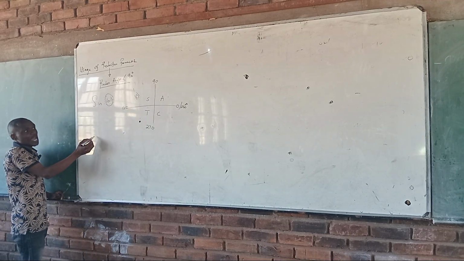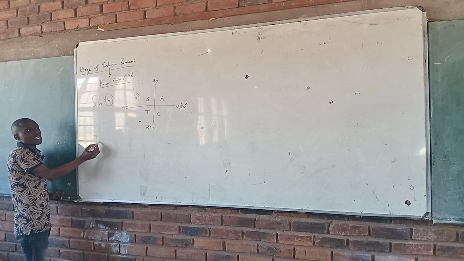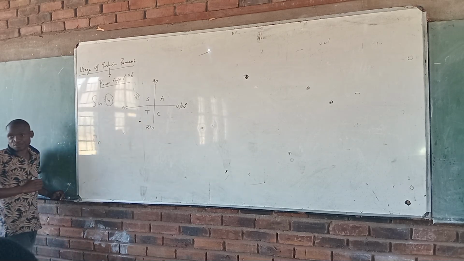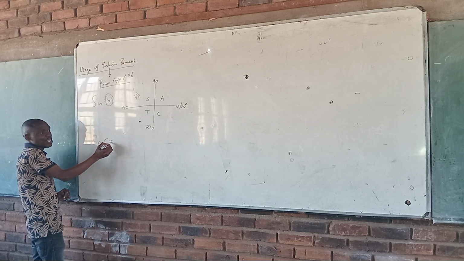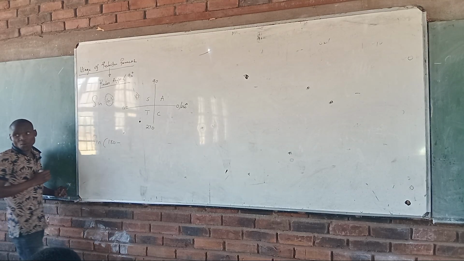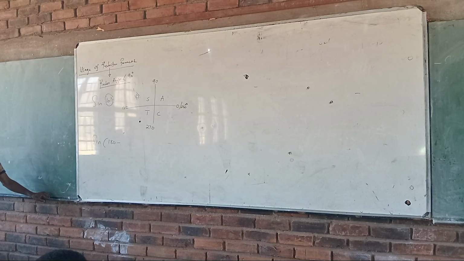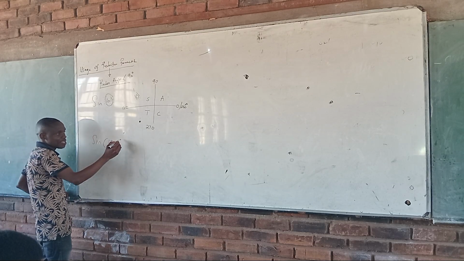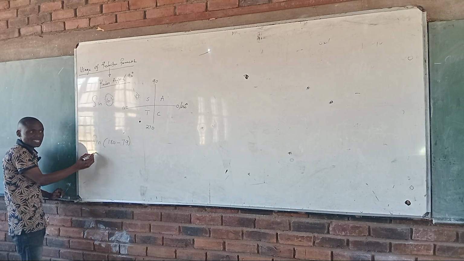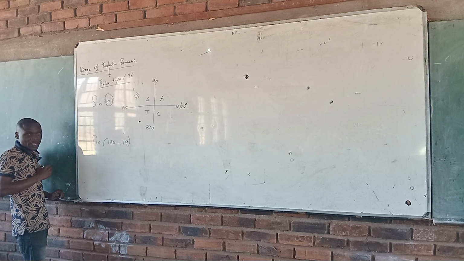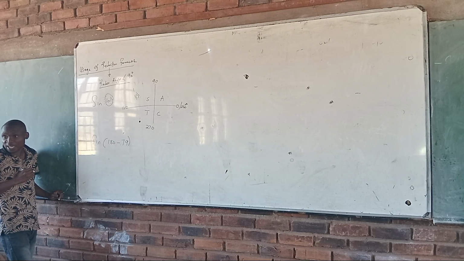Now, most of the time, let's work with 180. So we're going to say it's 180 minus, what can we subtract 180 with so that we get 101? Yes, so it's 180 minus 79.